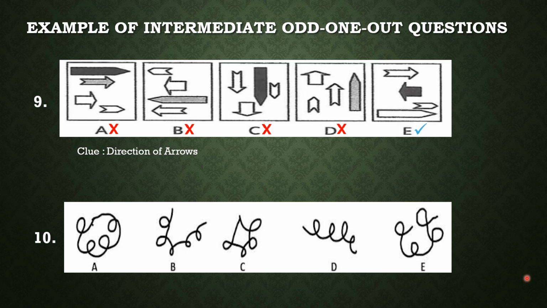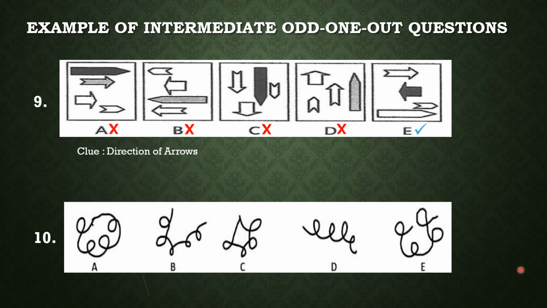Now if we look into the next example, here we can see one wire and it's making some closed loops. All the shapes are different, so based on that we cannot say which is the odd one out. But if we look at the number of inner loops made by these circles, most of them are having 4 loops, but option B is having 5 loops here.